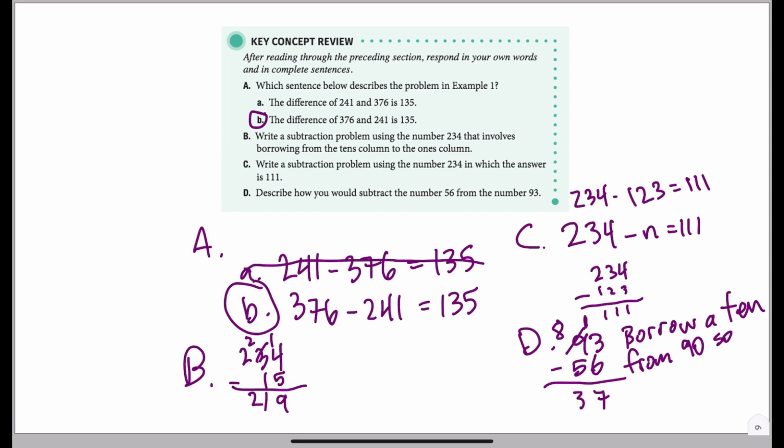Let's see. Maybe say to subtract the ones. So that's the real challenge there, is having to borrow to subtract the ones.